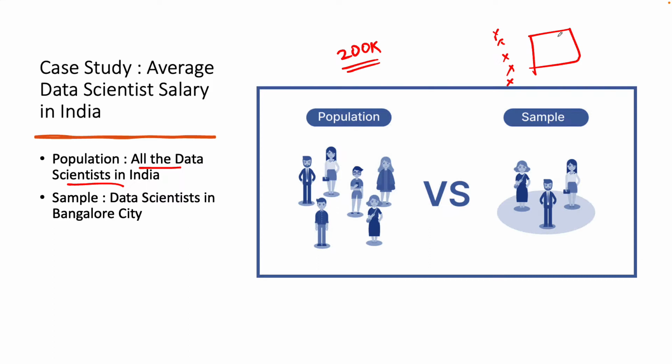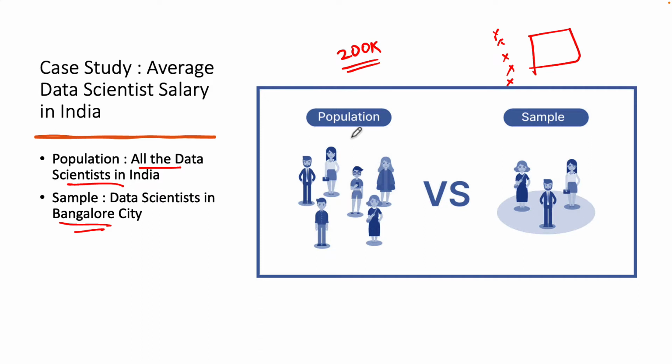So you decide, okay, let me not collect the data from each and every individual present in the entire country. I'm going to select a specific city which will be a representative of my entire country. So I'm going to collect the data of data scientists working in a specific city in India, that is Bangalore.